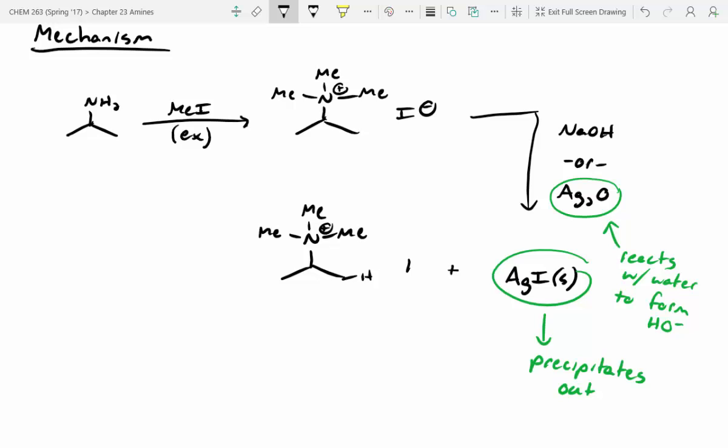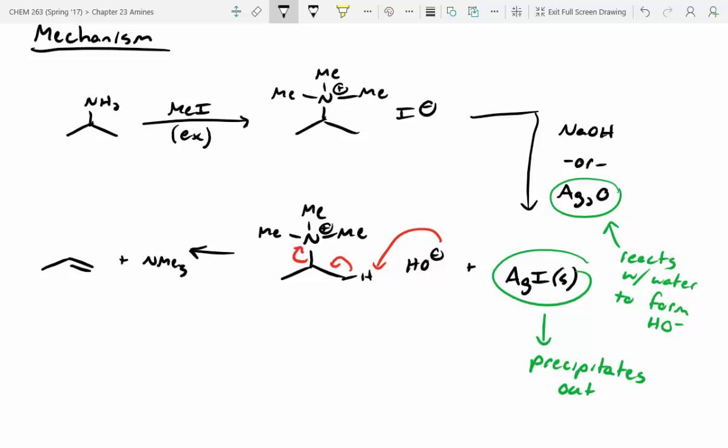Sorry, I'm going to move this over. And now this hydroxide can grab a beta proton, clamp down, and kick off your leaving group, plus your trimethylamine in this case.